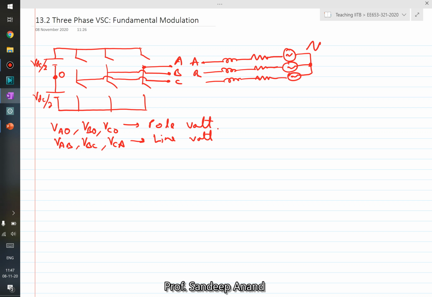If this is how the load is connected, then voltages VAN, VBN, VCN across the load are the phase voltages. One thing you should note is the pole voltage and phase voltages are different. Pole voltage is defined with respect to the inverter. Phase voltage is defined with respect to the load. Although if you connect point O to point N and make it a four-wire inverter, then both phase voltages and pole voltage will become equal.